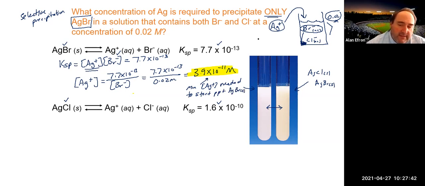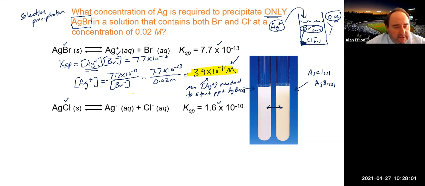So you could add silver and you will not see a precipitate form of silver bromide until you hit that concentration of 3.9 times 10 to the minus 11 in terms of the silver. Any questions on that there?